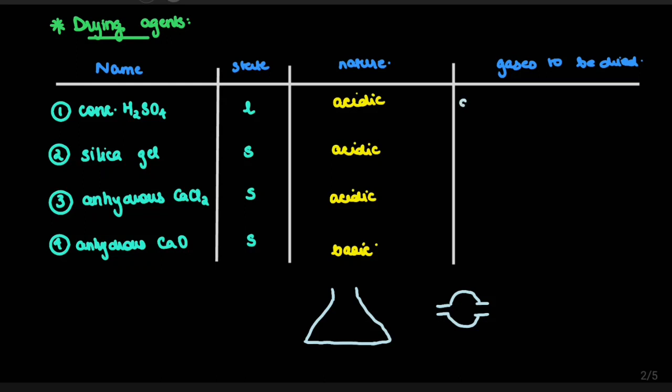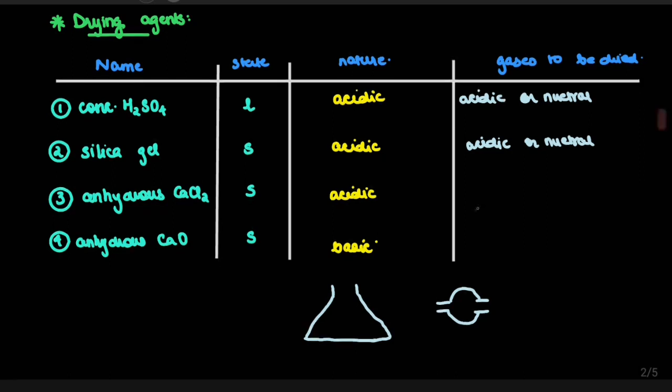So acidic or neutral, either of the two. Same will be the case for silica gel and anhydrous calcium chloride. So acidic or neutral, not at all a basic gas. They will react.